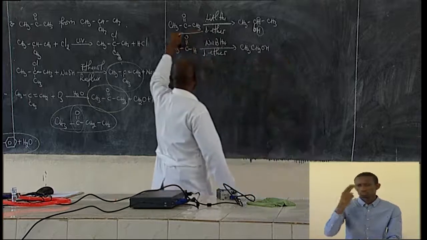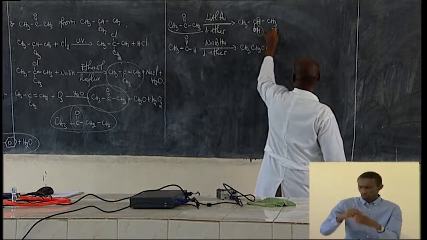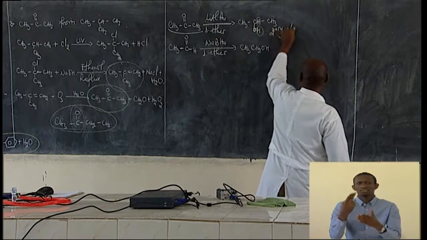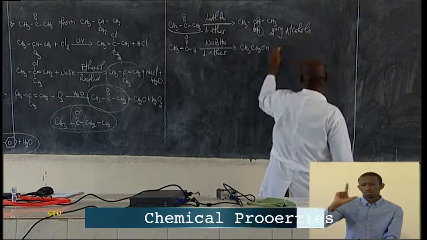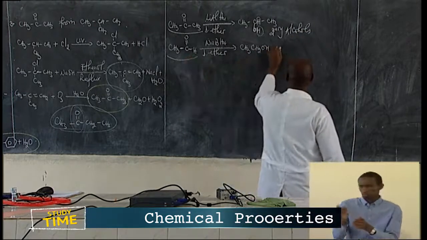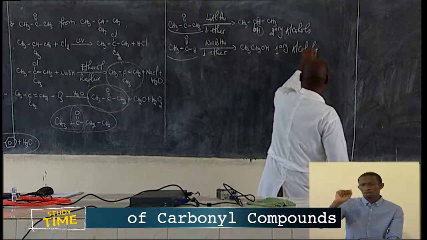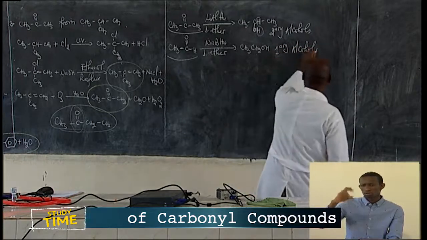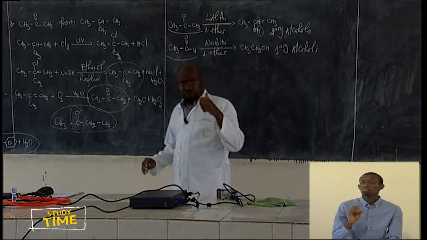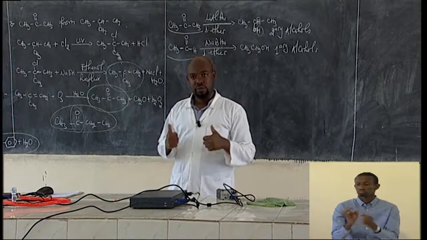So when you reduce ketones, you produce secondary alcohols, and when you reduce aldehydes, you produce primary alcohols. There is no carbonyl compound you can reduce to get a tertiary alcohol.